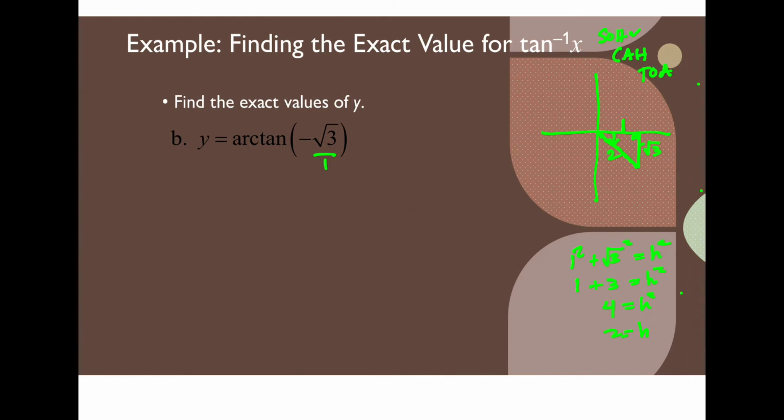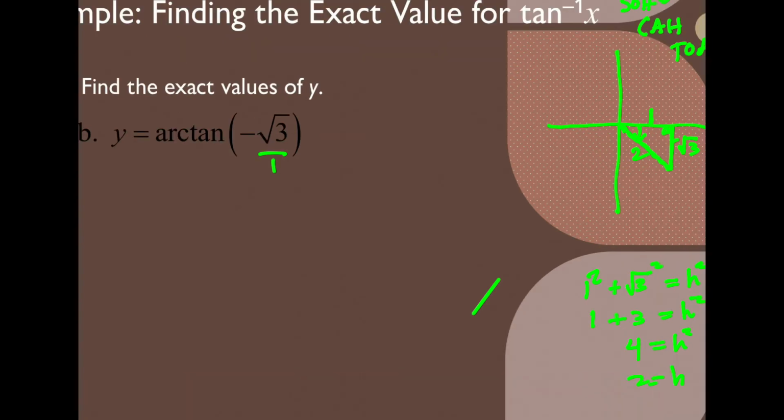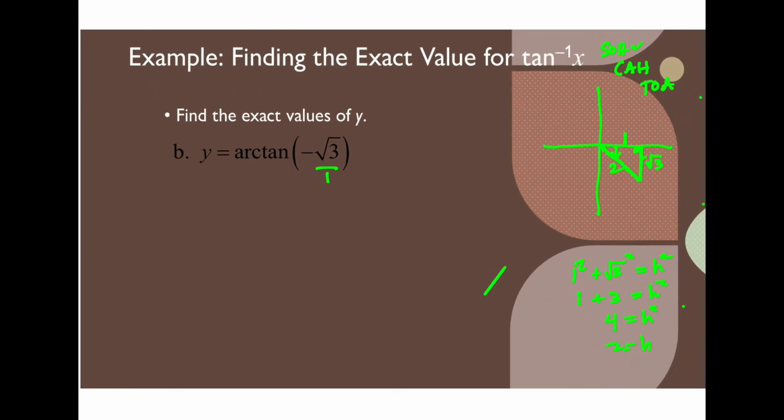In other words, what angle has sine root 3 over 2 and cosine 1/2? The answer is 60 degrees, or pi over 3. But it's negative because we also have the negative output. We're in the fourth quadrant there.